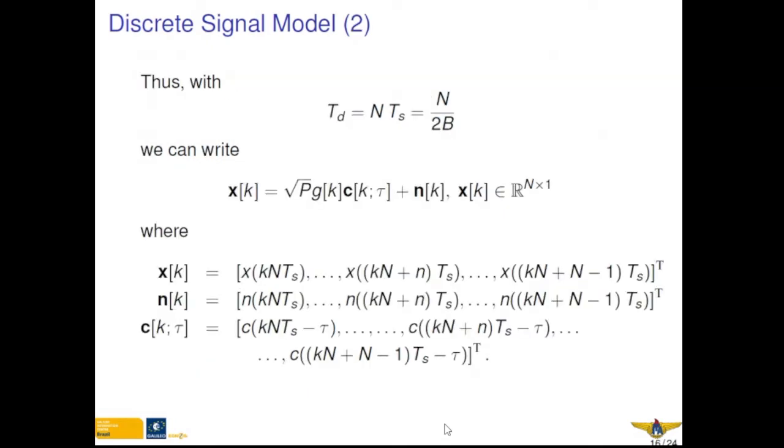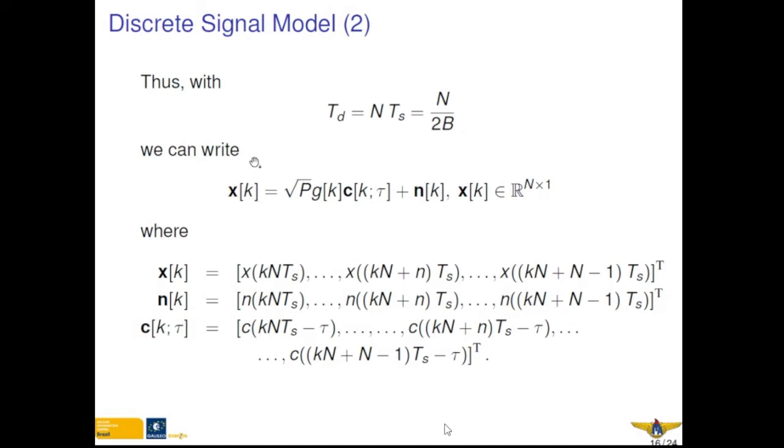With this model, we define that TD is equivalent to N TS. So in each period of the sequence we have N samples, each with a sampling duration TS, so TD is equal to N TS. And as the sampling duration is equal to 1 over 2B, we have the relation N over 2B for TD. We can now write our signal as a vector for each period.